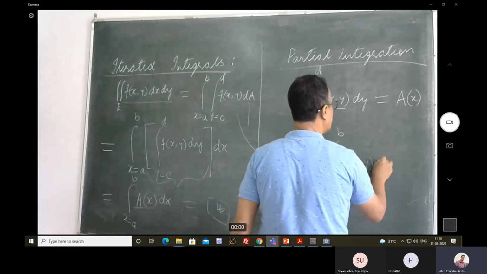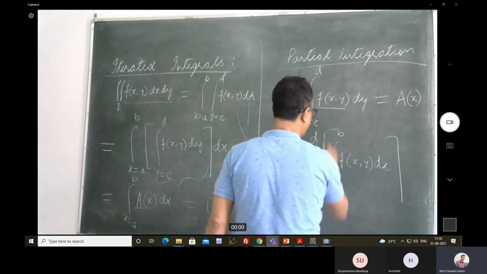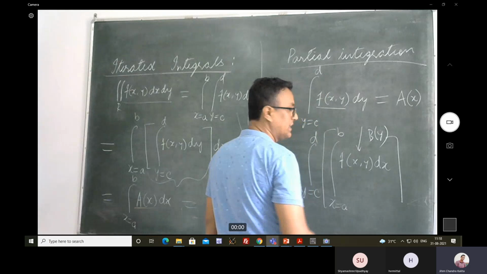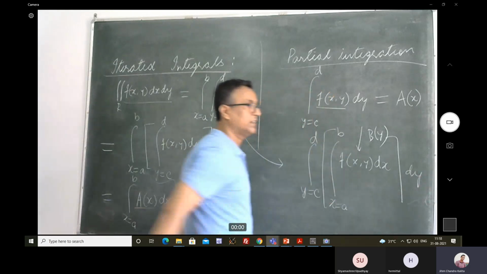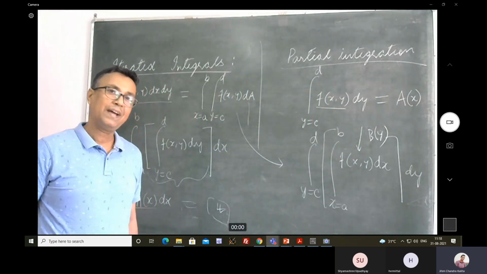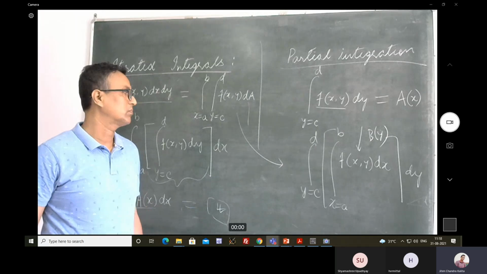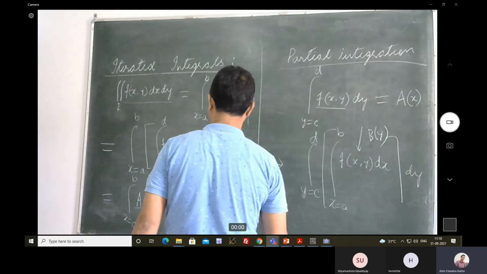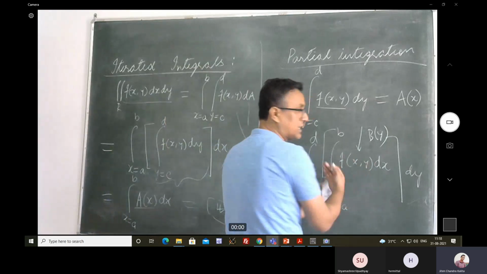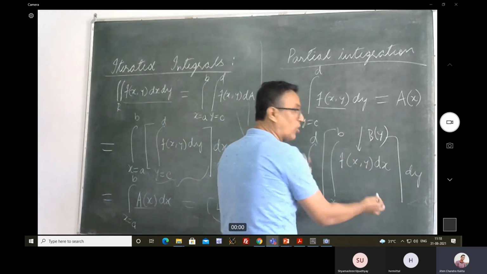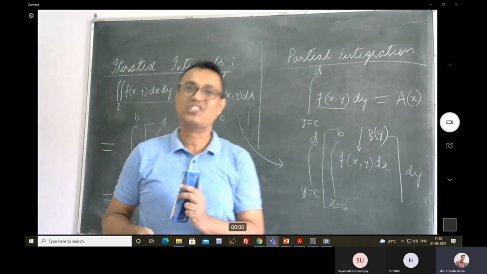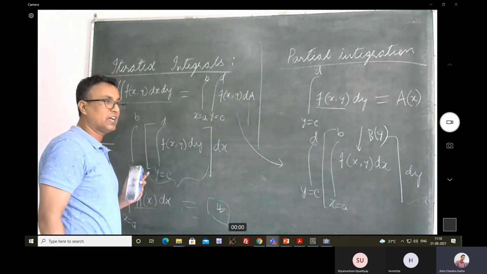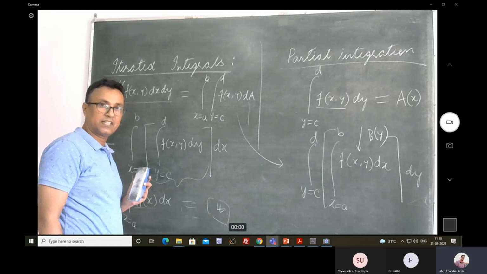Firstly, I can integrate this with respect to x. So again, this is going to give me some function of y, right? And then I can integrate with respect to y, and eventually I'm going to get the definite integral. Fubini's theorem tells you that the order of integration can be exchanged. So these kinds of integrals are called iterated integrals.